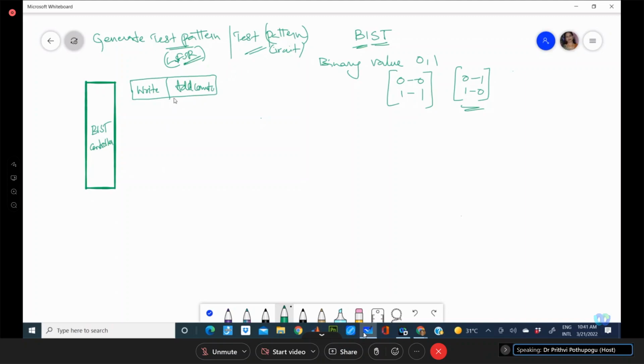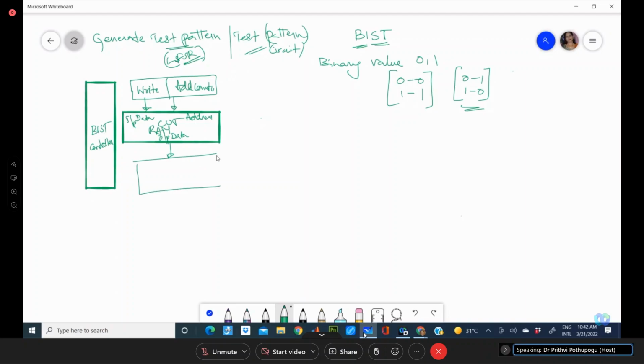The circuit under test, say if it is a RAM, takes this write data as input data and the address bit as the address location. From there, you will be reading out the data that is available, so the output data. Until this was the generating part.